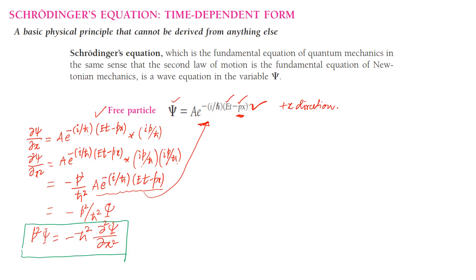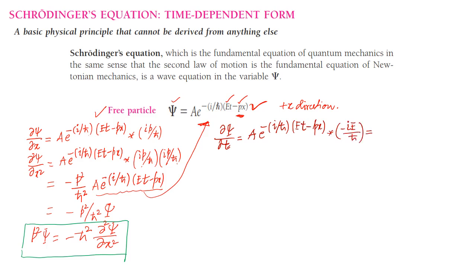If I differentiate with respect to time, del psi by del t, what we get is A e to the power i over h cross (Et minus px), multiplied by minus iE over h cross.